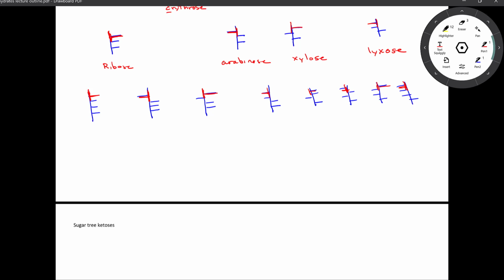Okay, so if you paused it and came back, this is the rest of the mnemonic now. This is allose, altrose. So all altruists gladly, this is glucose, mannose, make, gum, this is gulose.